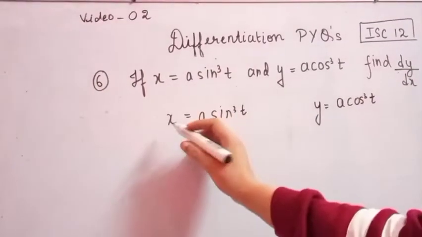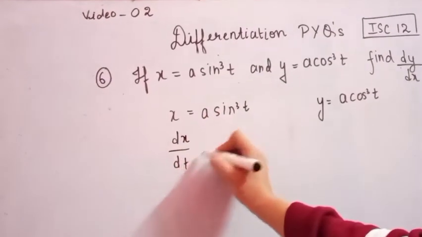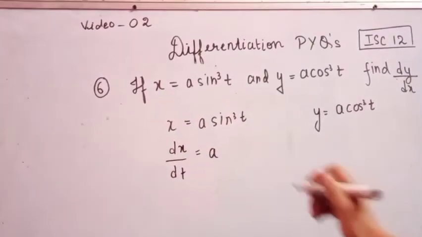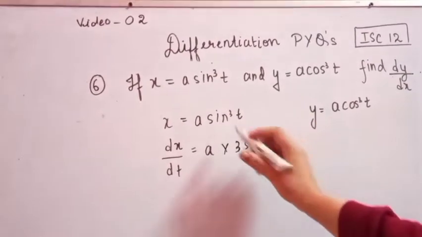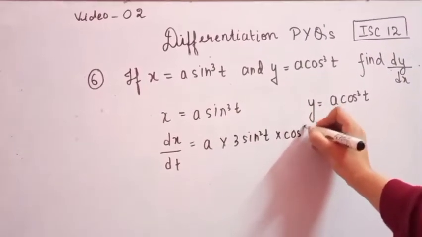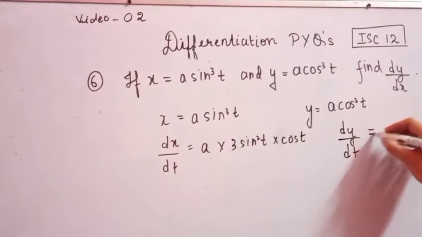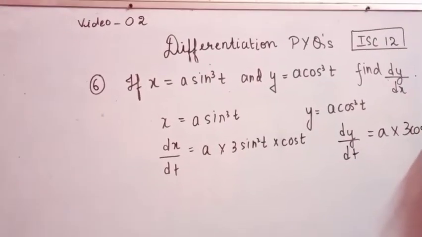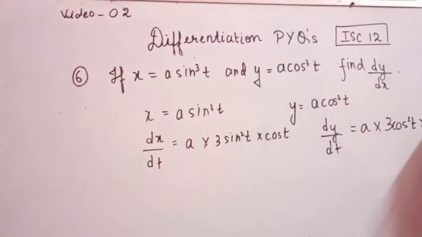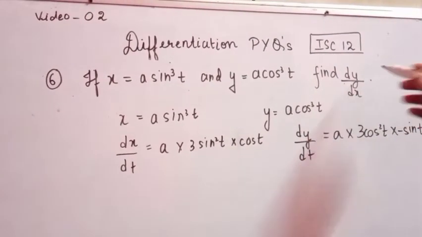Differentiating with respect to t, dx by dt equals to, now see, a is a constant, multiply 3 sine square t multiply differentiation of sine t, which is cos t. Now dy by dt is equal to a into 3 cos square t multiply differentiation of cos t, which is minus sine t.